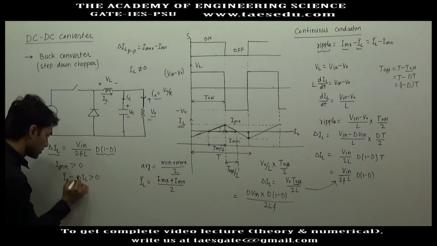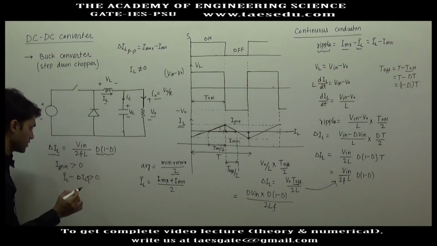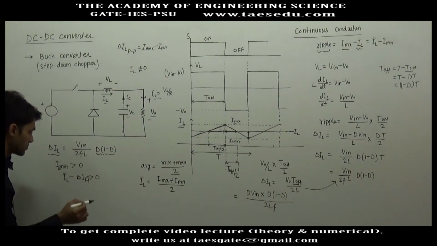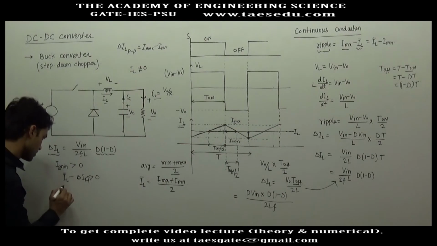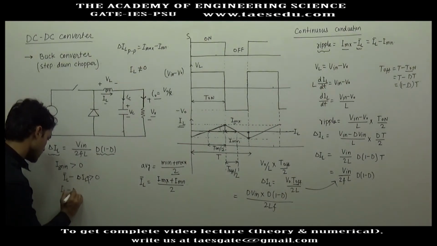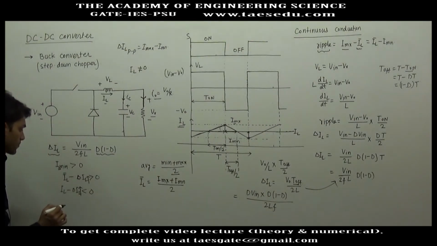Now, if the ripple in the inductor current is high, it is possible that IL average minus delta IL may be less than 0 if you are increasing delta IL. So if ripple increases, there is a chance of discontinuous conduction.